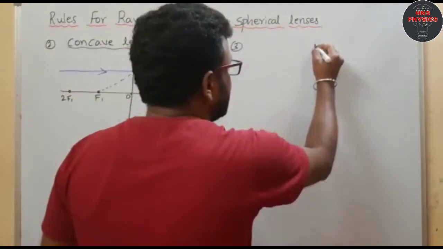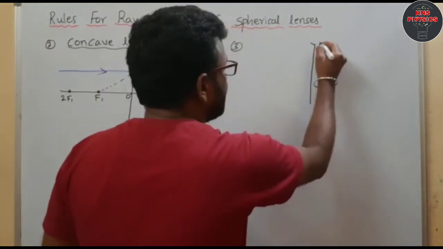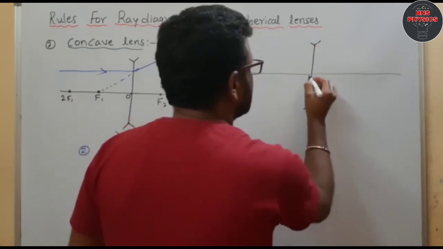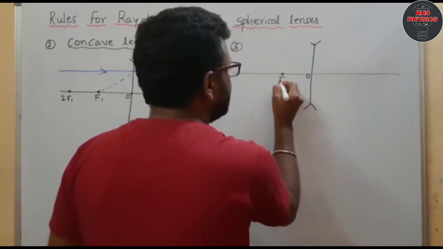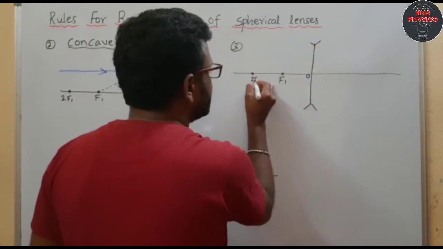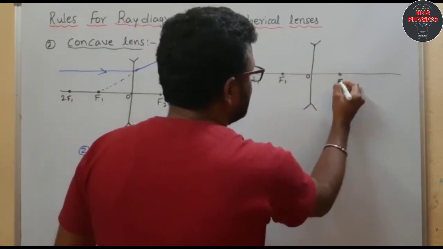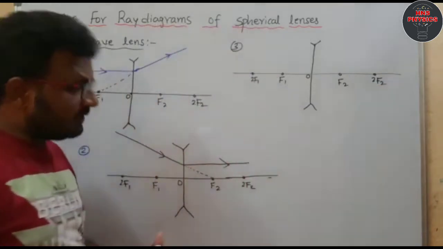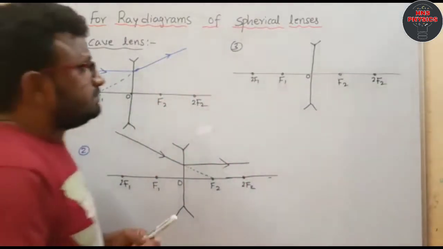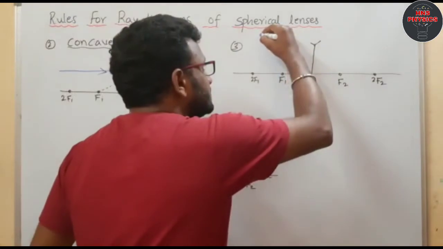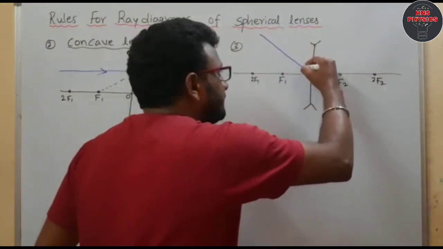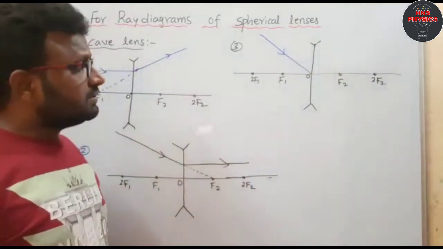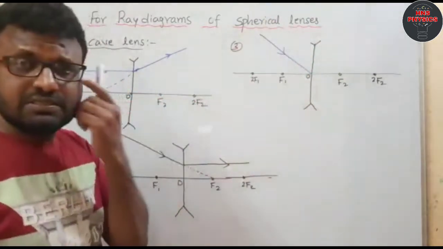So here I am taking again a concave lens. This is the concave lens symbol. So optic center, F1 and 2F1, and this is the F2 and 2F2. Here the ray is passing through the optic center of the concave lens.